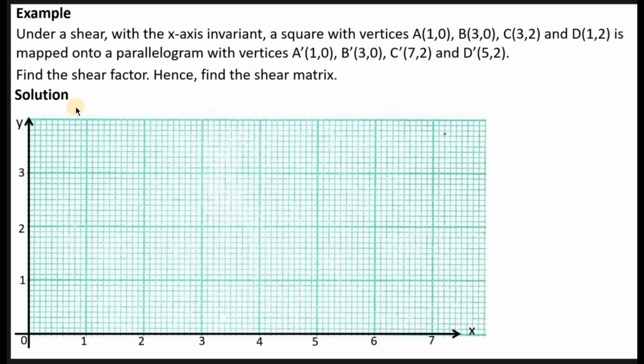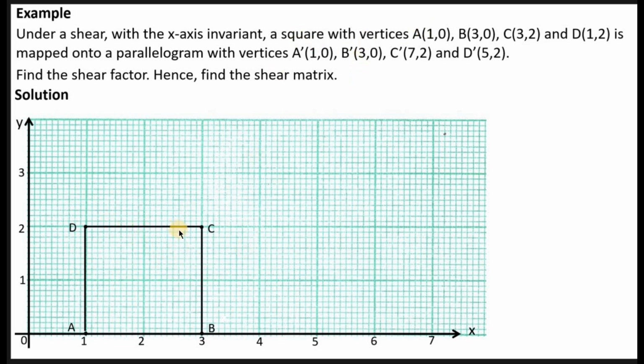We'll start plotting the object points: A(1, 0) is here, so label it as A. Then B(3, 0), 3, 0 here, label it as B. Then C(3, 2), 3, 2 here, label it as C. Then D(1, 2), label it like that, and then draw it. So this is the square.